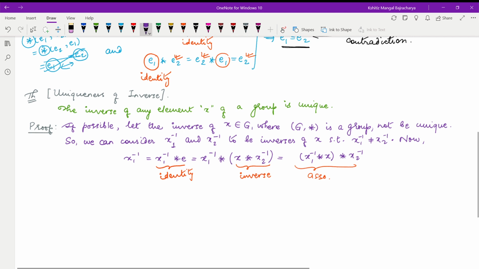We get this because of the definition of an inverse.